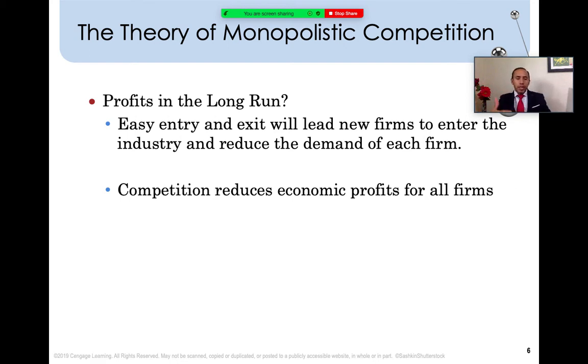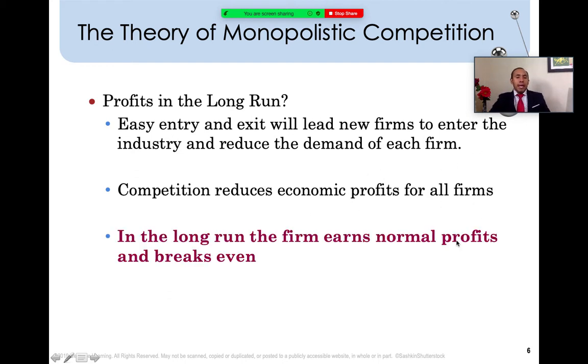If there's free entry and exit, then there's a highly competitive market structure that allows the firms to share the profits in the industry. Some firms may attempt to compete and make more profits, etc., but the profits are split among the firms. And it is possible that in the long run, the firms can earn what is called a normal profit.